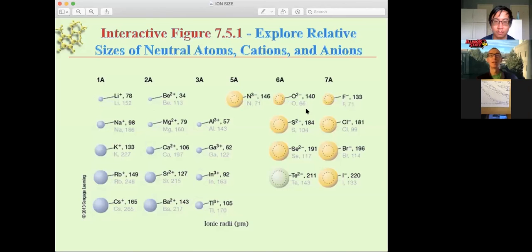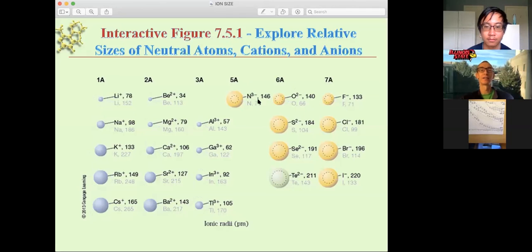Let's go look at the graph. Here is nitride, distinctly bigger than fluoride. Nitrogen has 7 protons in its nucleus attracting that octet of electrons. Over here in fluorine, we've got 9 protons attracting that same octet. 9 protons can pull in electrons more strongly, more closely than 7 protons can.